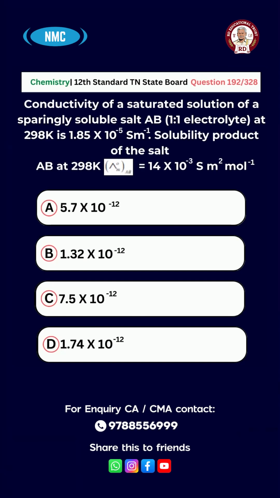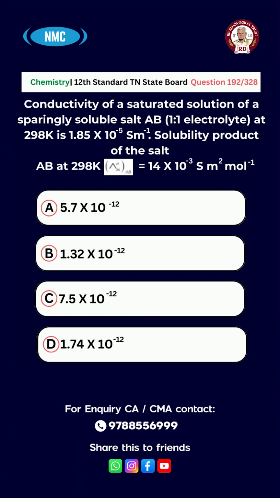Question number 192. Conductivity of a saturated solution of a sparingly soluble salt AB, a 1:1 electrolyte, at 298 Kelvin is 1.85 into 10 to the power minus 5 S per meter. The solubility product of the salt AB at 298 Kelvin, given 14 into 10 to the power minus 3 S meter square mole inverse, is: Option A. 5.7 into 10 to the power minus 12.